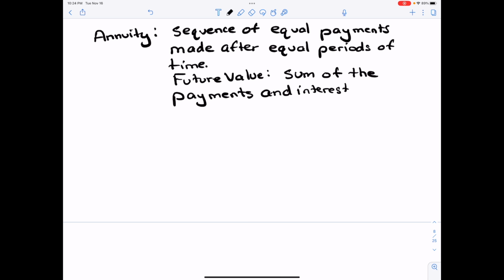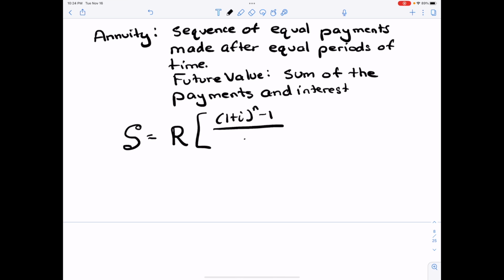Now the formula for future value of annuity is S equals R bracket 1 plus i to the n minus 1 over i.